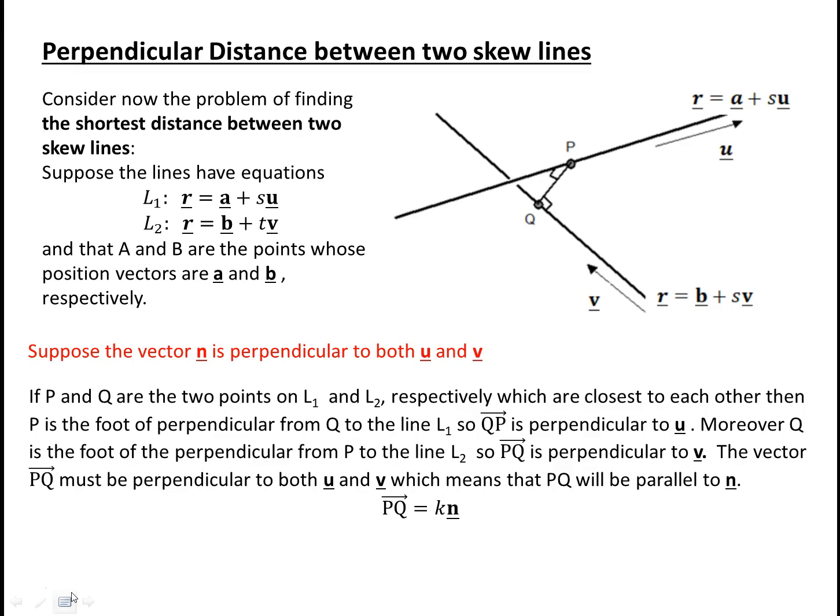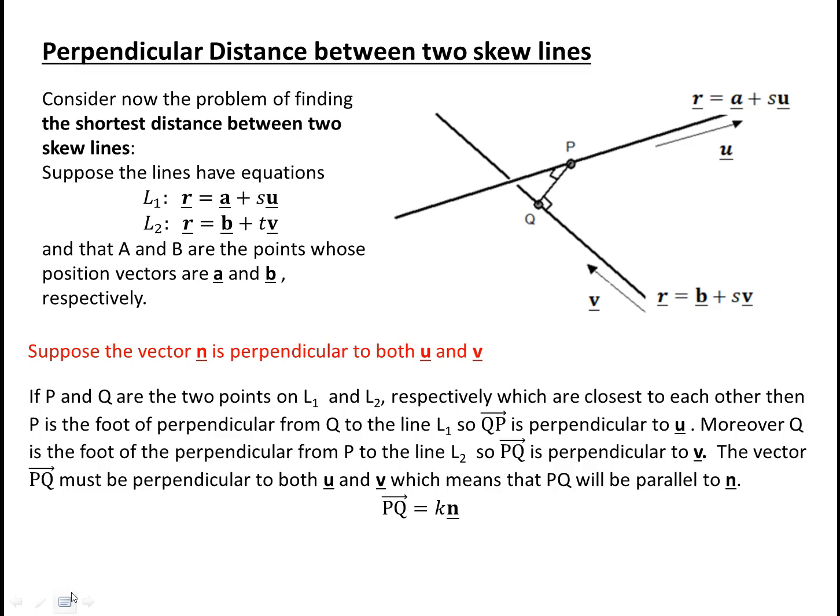If P and Q are the two points on L1 and L2 respectively, which are closest to each other, then P must be the foot of the perpendicular from Q to the line L1. And that tells me that the vector QP must be perpendicular to the direction vector of L1, so the vector QP must be perpendicular to u.